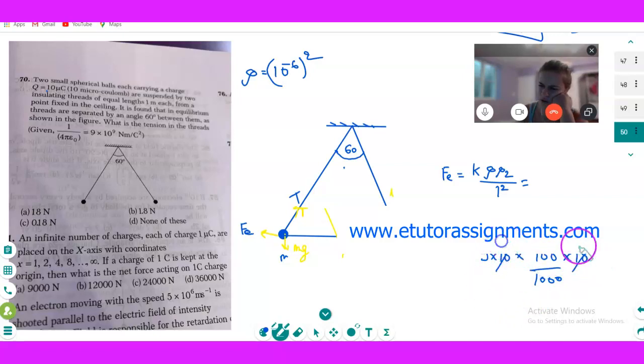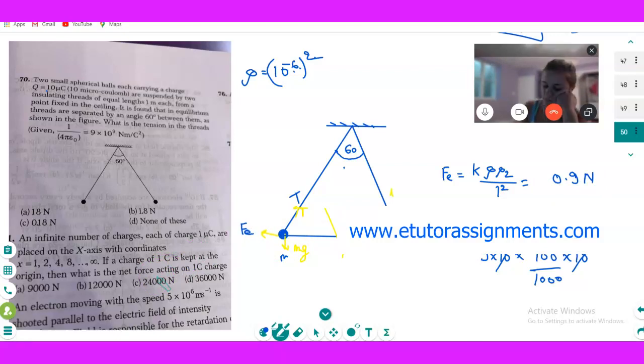On one side 9 is there, 12 is there, 6 power 3. So no, not 90. No, 0.9. Good. Now I will not help you. Please get that answer.